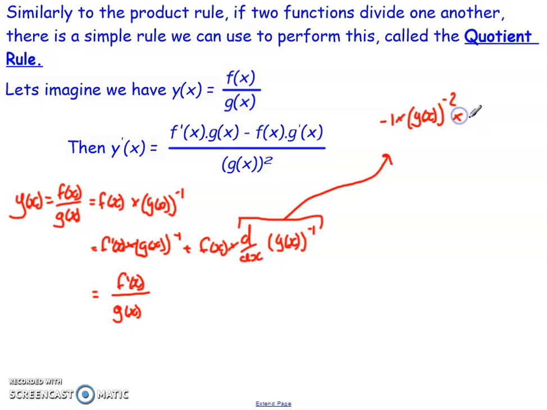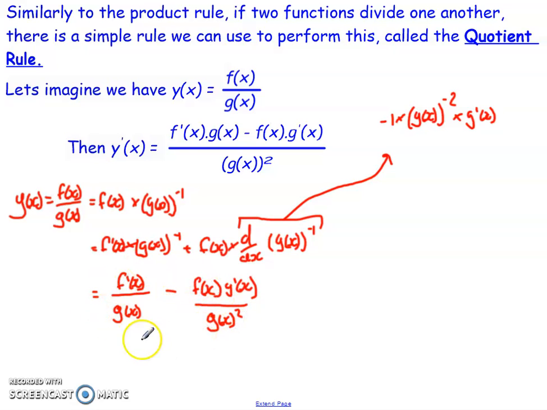That's then times g dashed of x. So using the chain rule, that gives me that format there. So this second term, if I put all this back in and turn this into a positive again, that's then going to be minus f of x times g dashed of x all over g of x squared.